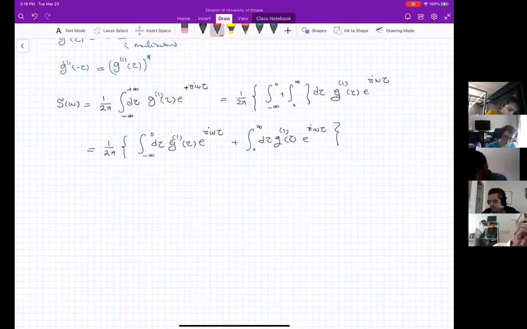So here, what I do, I will change tau to minus tau. Then d tau will be minus d tau. The interval will be plus 0 to plus infinity to 0. That becomes G1 of minus tau, and that becomes minus i omega tau.